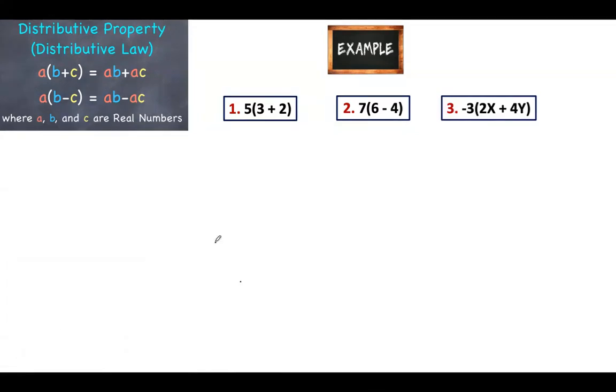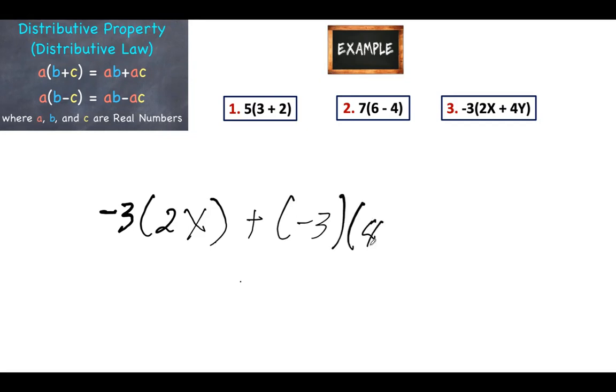So when we're dealing with letters, you now say it's minus 3 times (2x plus 4y). If it were not distributive, you cannot really add 2x plus 4y, because these are two different mathematical expressions. But the distributive property says just multiply minus 3 times 2x, all right, plus minus 3 times 4y.